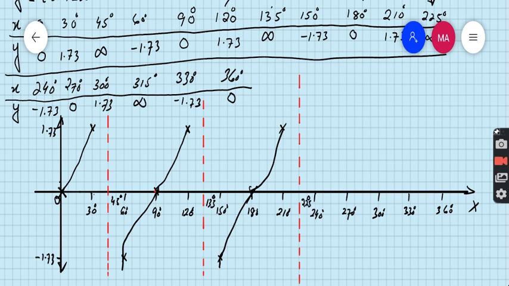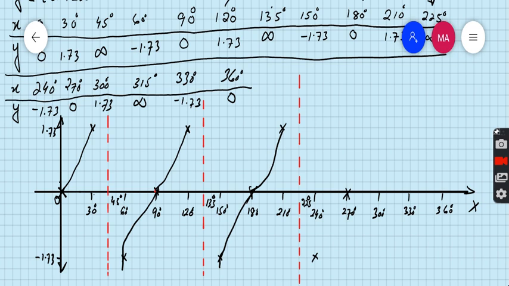Next, at 240 the value is minus 1.73. At 270 the value is 0.